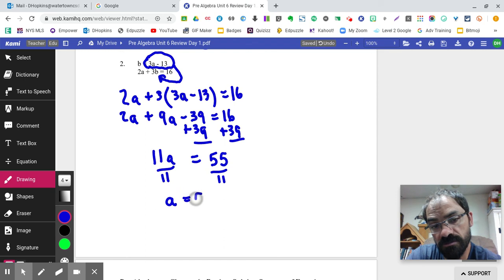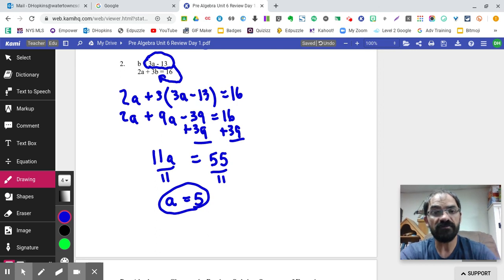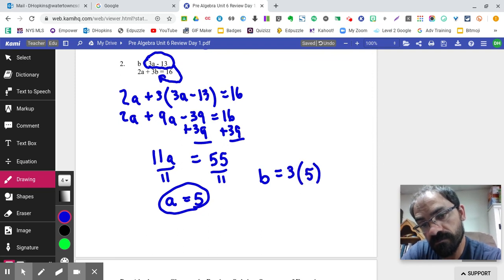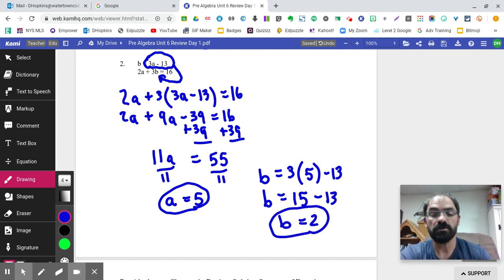A equals 5. So once again, I have to solve for the other variable. So plug 5 in for a in the other equation. And b equals 2.